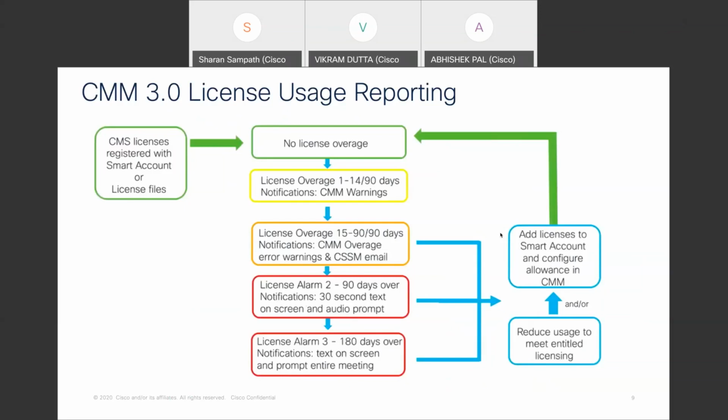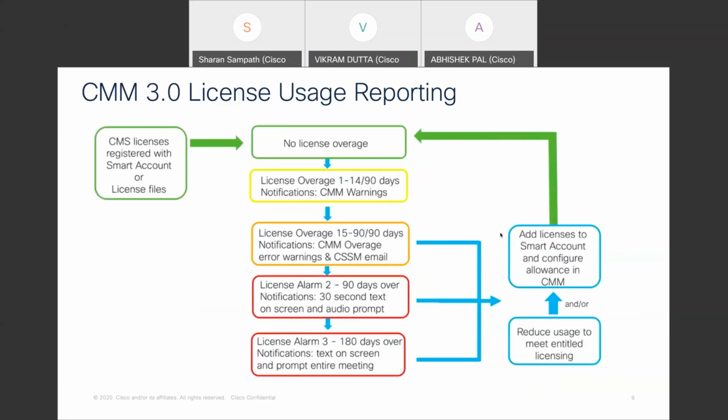There'll be no impact at all. When I say 14 days, it does not necessarily have to be continuous days like 1 to 14 together. In a 90-day period, the customer can actually go into overage for up to 14 days. Right? But when it hits the 15-day mark, that is when the issues actually start.